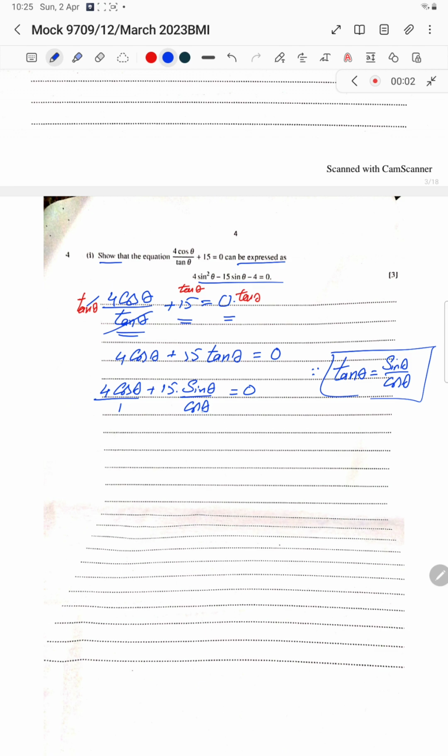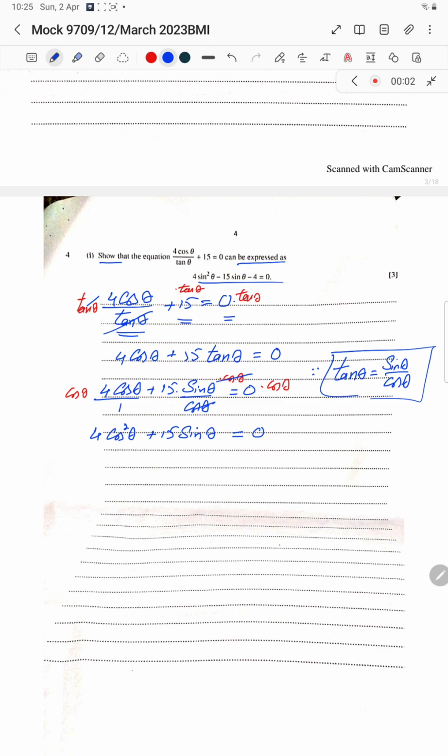So if you multiply each term again by cos theta, the denominator will go out, and you will get 4 cos square theta plus 15 sine theta equal to 0, because 0 multiplied by any number is 0.